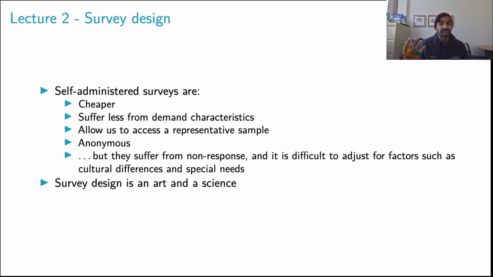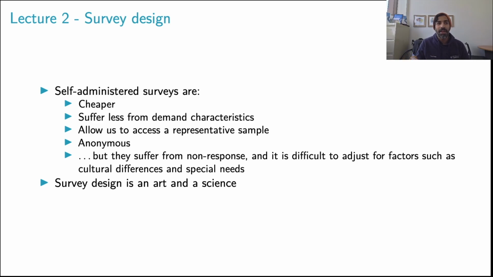Maybe it's even just medication people are on. All of these points can lead to the advantages of having the anonymous part, but they suffer from non-response, and it's difficult to adjust for factors such as cultural differences and special needs. Non-response is probably one of the biggest challenges when administering surveys, and so it's about identifying how you maximize that response rate as best you can.